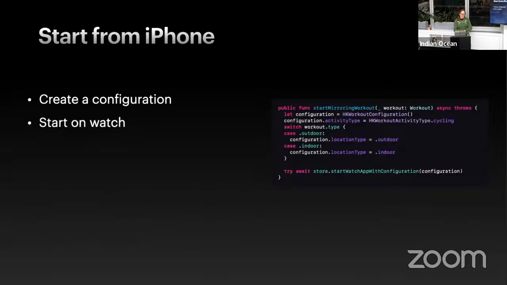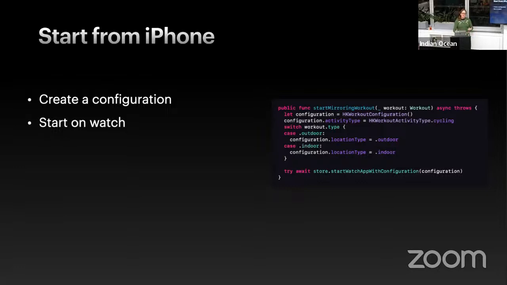What we are doing here is you're taking your phone and you're going, I need to start this workout. What happens is you get a workout configuration. In that configuration, you say your activity type is cycling, and then whether it's indoor or outdoor. Then you're saying to an instance of HKHealthStore that you want to start the watch app with the configuration.